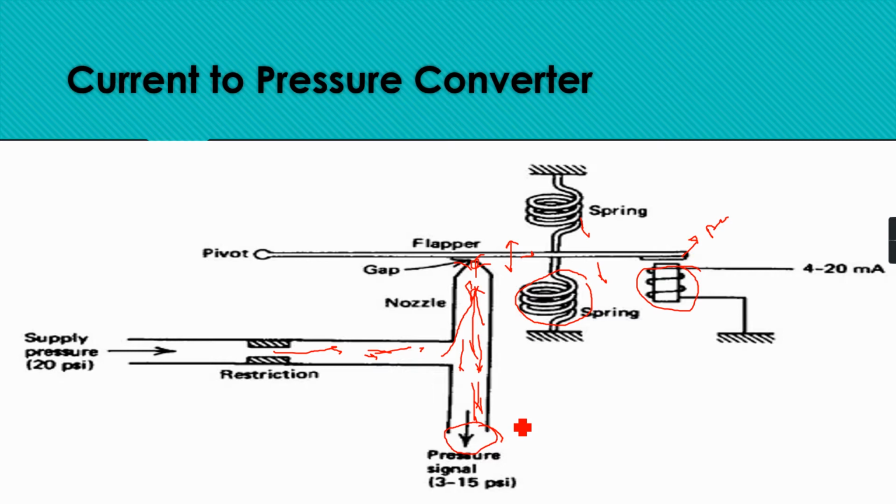We can give this signal to the control valve so that it opens 100%. This is the application and working of the current to pressure converter.